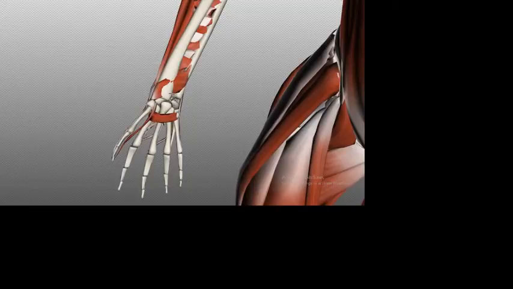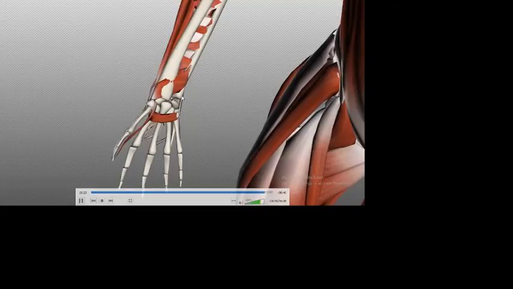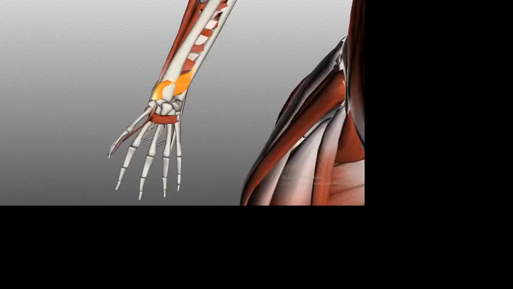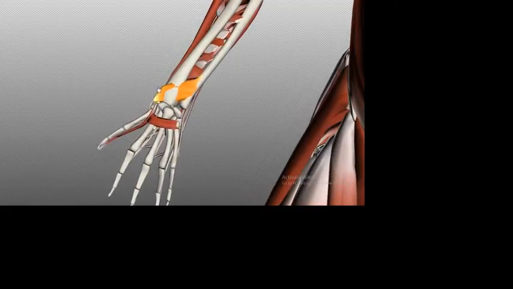So as the name suggests, it's a pronator muscle, so it pronates the wrist, and it's shown a bit funny here, but I'll just isolate it. So it's actually this rectangular shape. So it originates on this distal anterior surface of the ulna and inserts distally on the anterior surface of the radius, and when it contracts, it pronates the forearm.